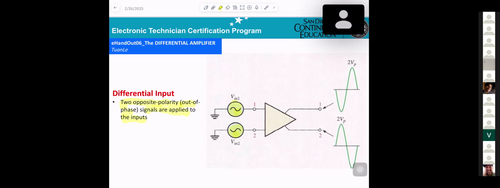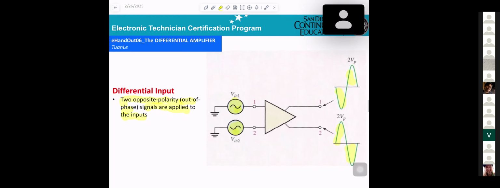That's a requirement. You cannot apply the same signal, same phase, in input 1 and input 2. And that will be telling you the output 1 will be this side. The other one will be opposite. However, they want to emphasize in here that the two inputs must be opposite.